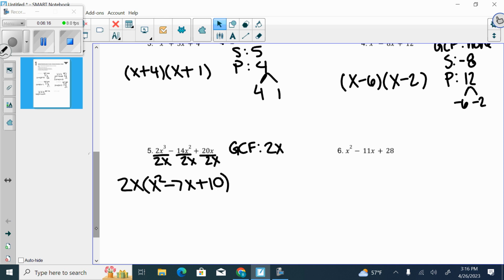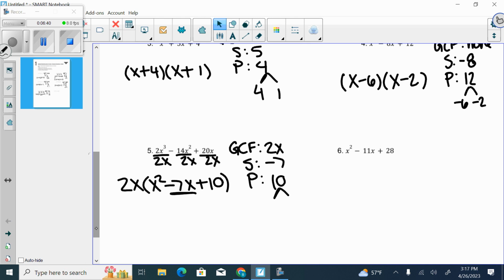All right. So now we fixed it. What's our sum? -7. All right, we just found that our middle number is -7. What's our product? 10. All right, so what multiplies to give us a positive 10 adds to give us -7?